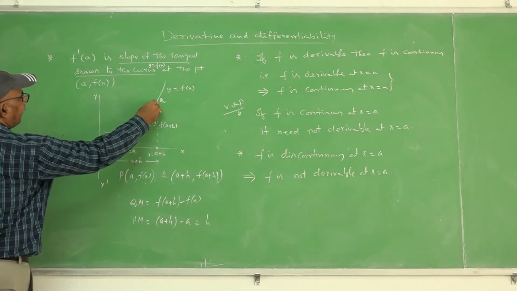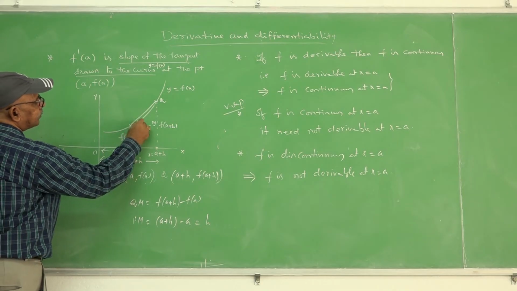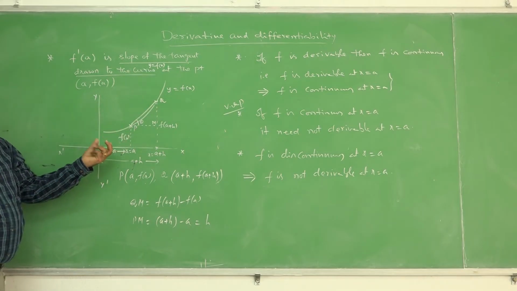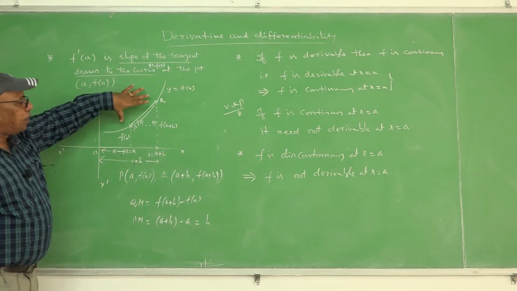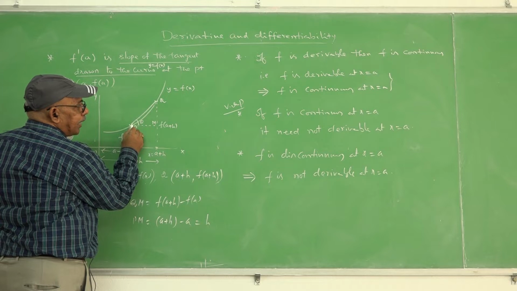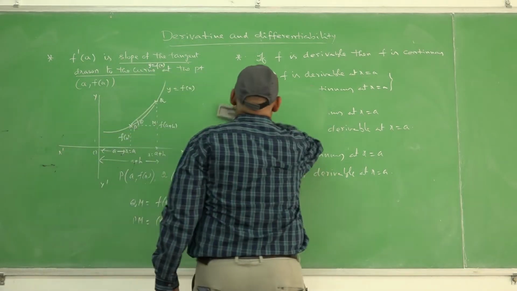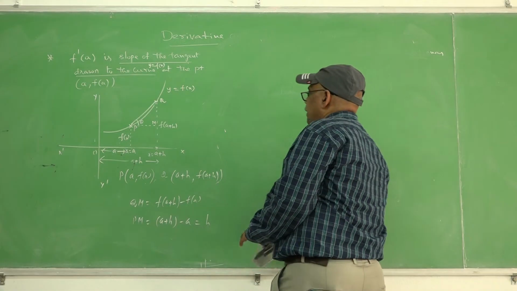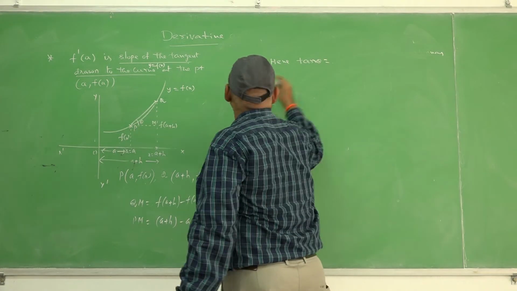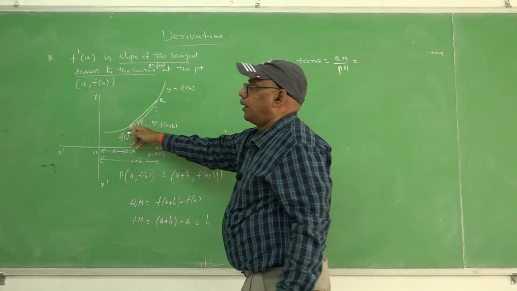Now, joining this chord PQ, where chord means the joining of any 2 points on the curve, and taking the angle the chord makes with the positive direction of x-axis as theta, tan theta is, from this triangle, QM by PM, opposite side by adjacent side.